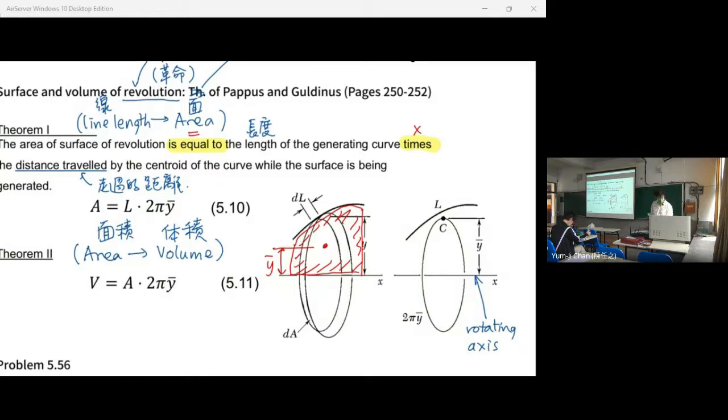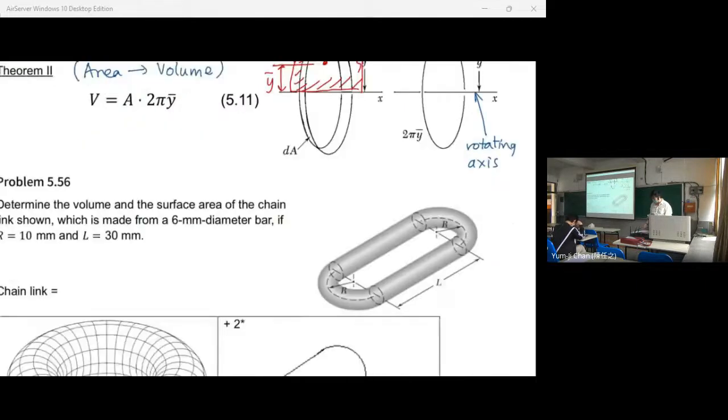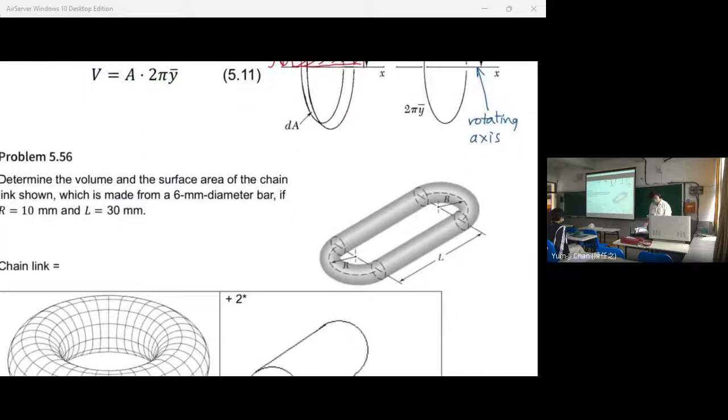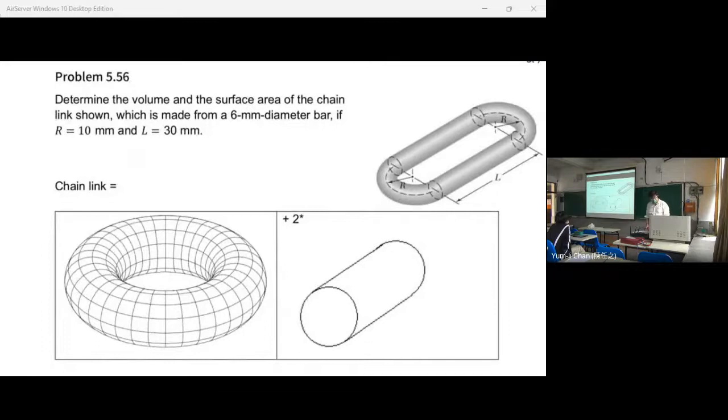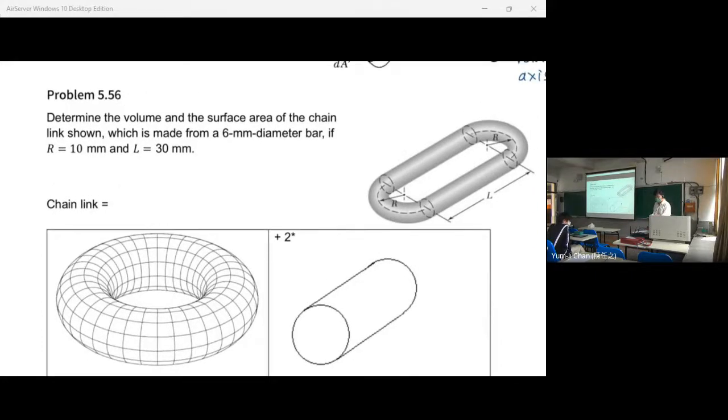Now I think it is okay. It's 10:56 now, and on Tuesday I will talk about two examples. I will talk about one example, the one below, where we want to determine the surface area of the chain length.